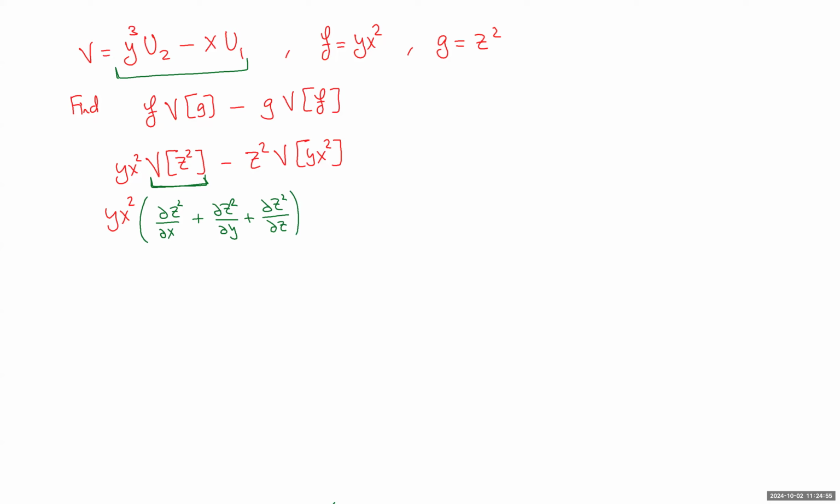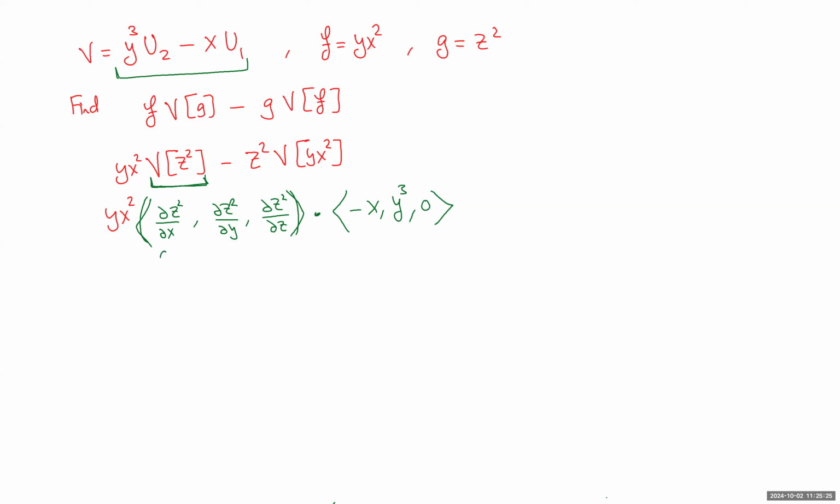And yeah, I should be more careful. I mean, I will use like calc 3. This is a vector, and I want to dot that with the vector field at the point. So I will dot that with negative x, y cubed, 0.